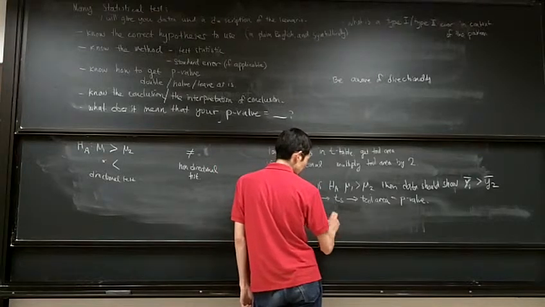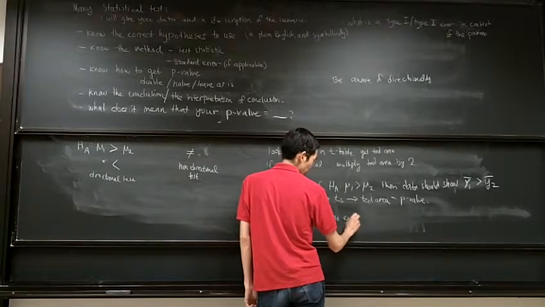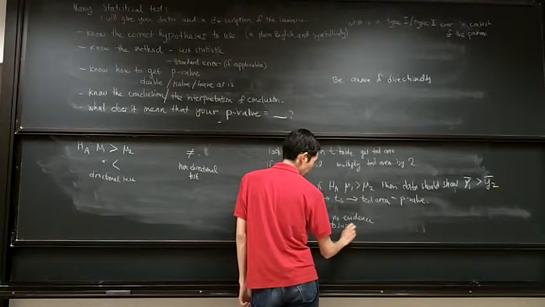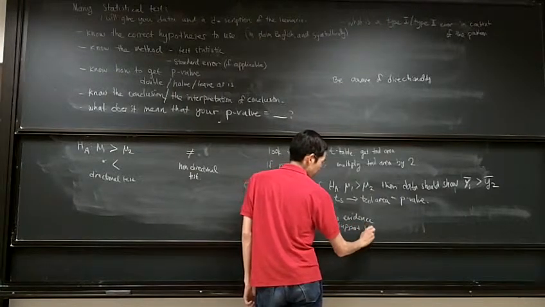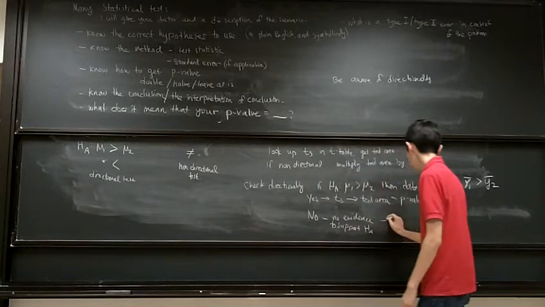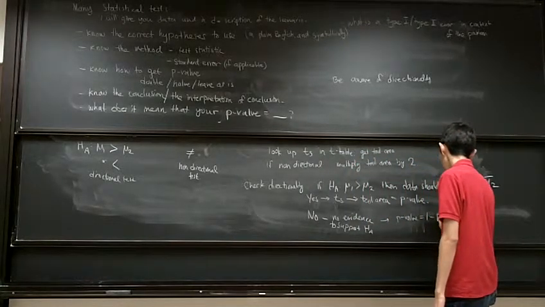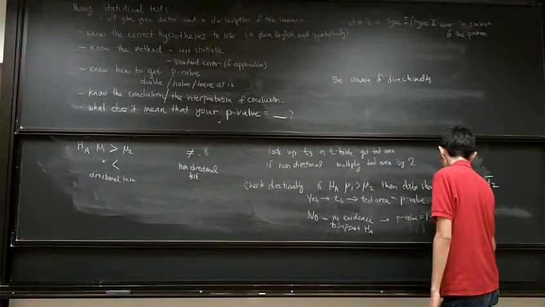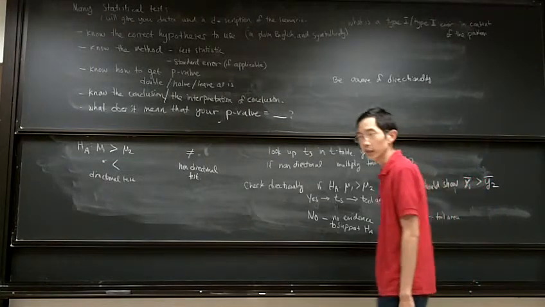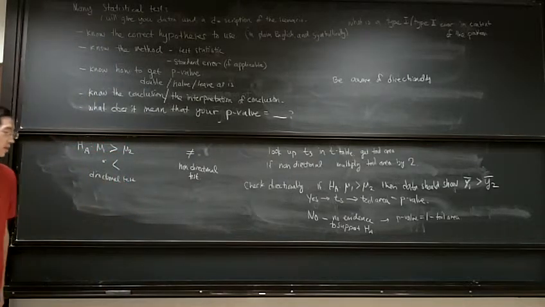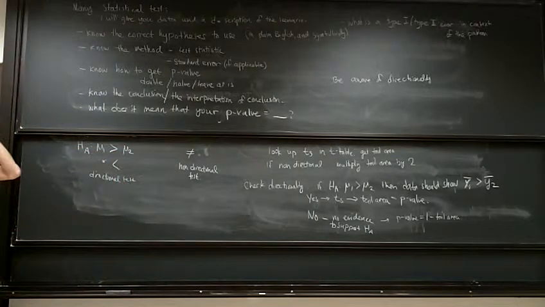Just say no evidence. And then technically, your p-value would be 1 minus the tail area, because the directionality is not there.